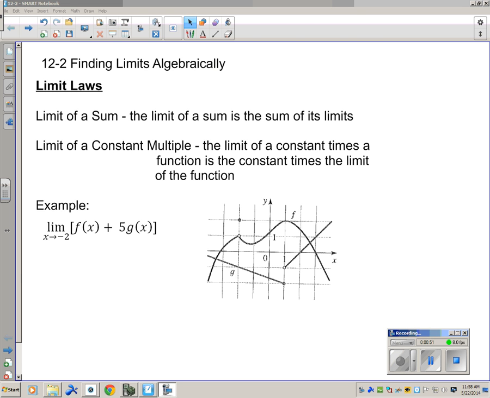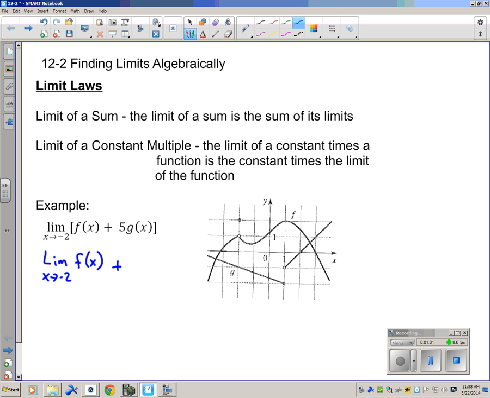So what we're going to do is pull these apart here. We're going to do the limit as x approaches negative 2 of f of x plus, you can take the constant times the limit of the function, so I can pull this apart, 5 times the limit of g of x, and this one over here as x approaches negative 2 as well.